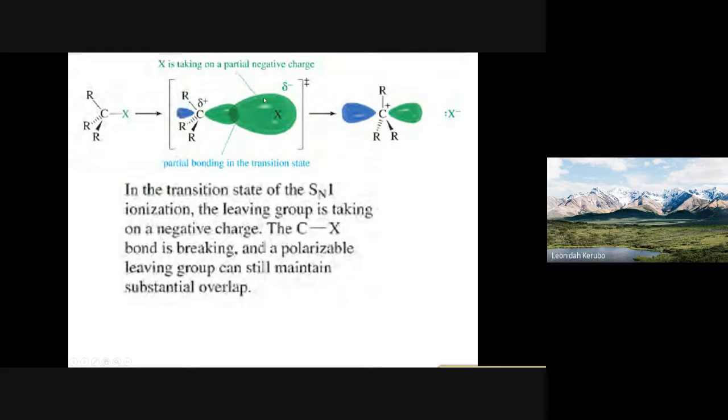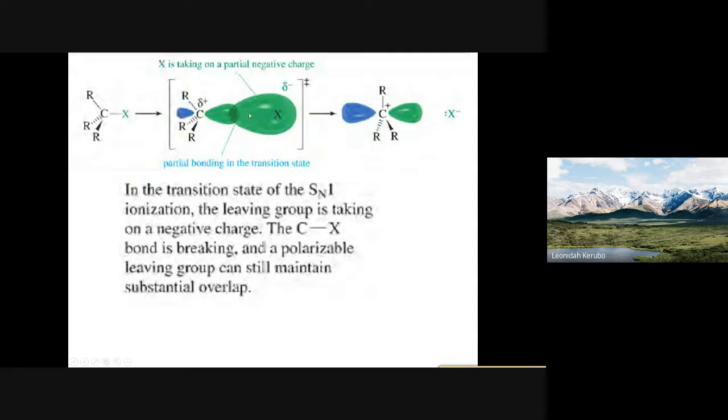So this is what happens. This is the alkyl halide, a tertiary alkyl halide, and this is the transition state of the slowest step. At this step, the leaving group is trying to leave. But when you have a polarizable leaving group, it will still maintain overlap with the p orbital of the electrophilic carbon.